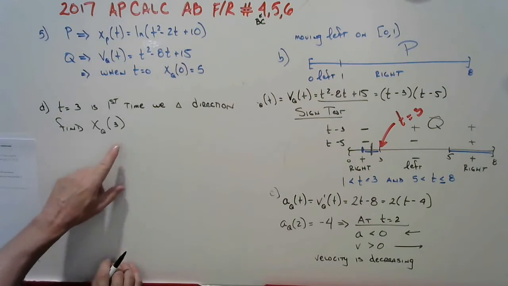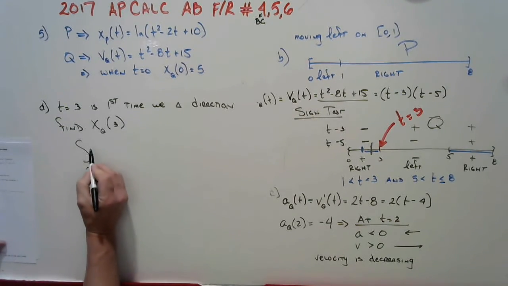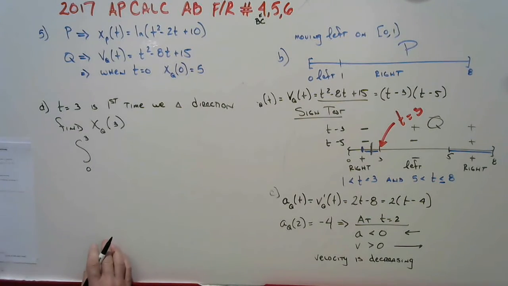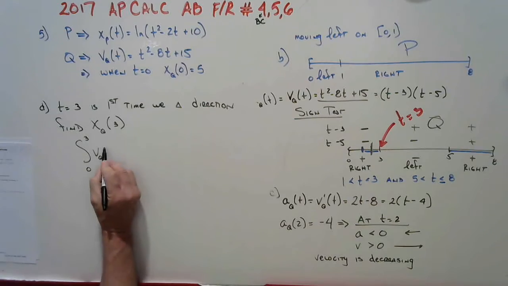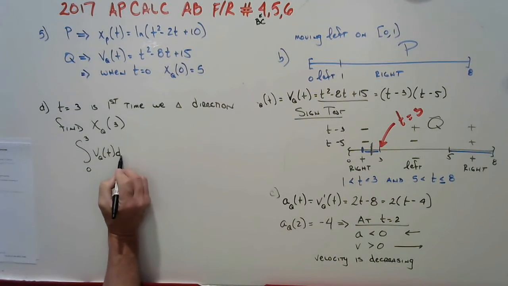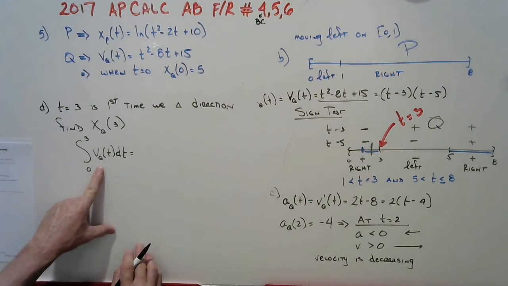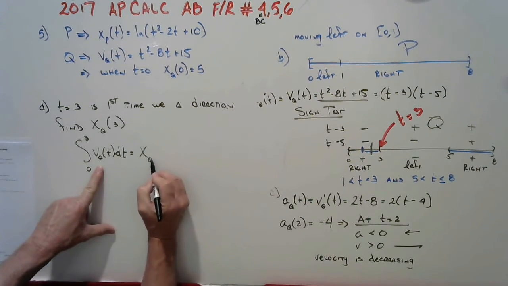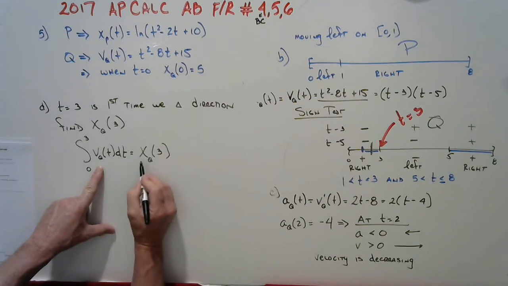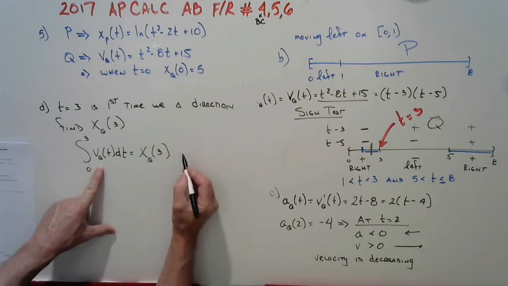We know where we are at 0. So if I were to integrate between 0 and 3, the velocity, I would get the antiderivative of velocity at 3. The antiderivative of velocity at 3 is position at 3. That's what they asked me to find.